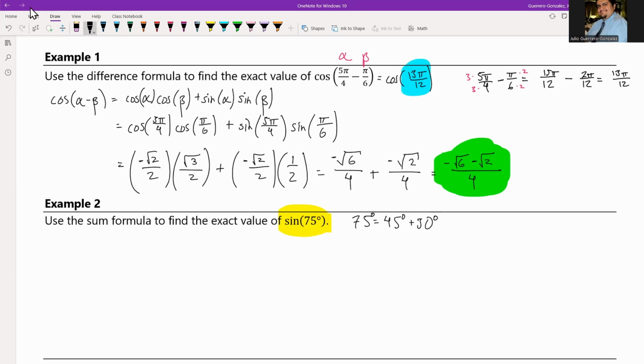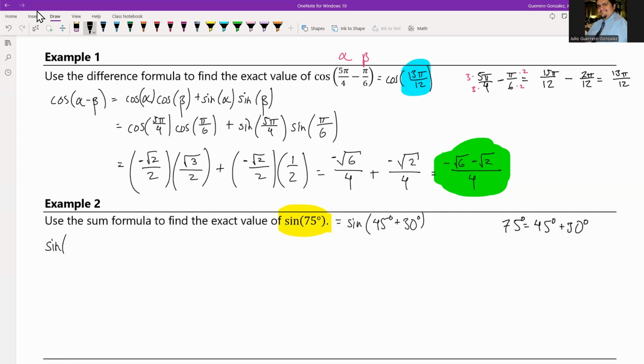So then this is the same thing as saying, actually, let me pick it up, move it over a little bit. This is the same thing as saying sine of 45 degrees plus 30 degrees. Okay, so I'm going to write down the one for sine. So sine, and this is an addition. Hopefully you guys see that.